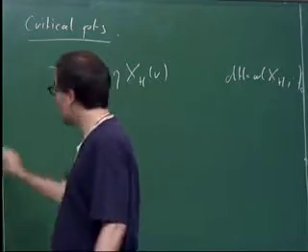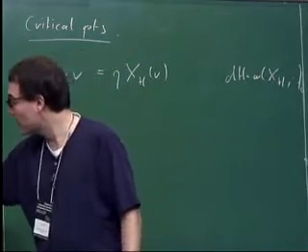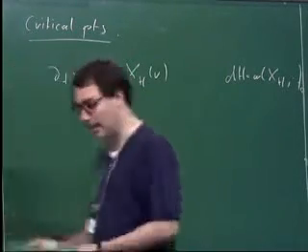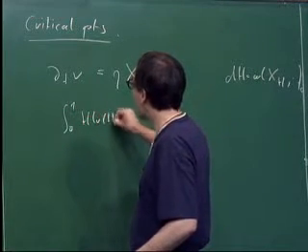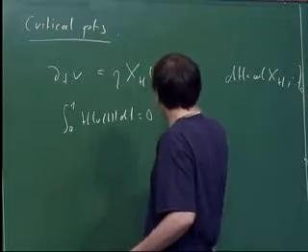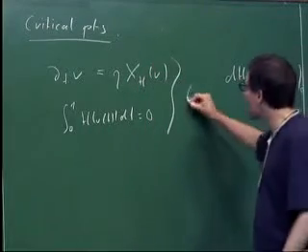If we differentiate with respect to the Lagrange multiplier, we get, of course, a constraint: the integral from 0 to 1 of H(v(t)) dt equals 0. This is our critical point equation.